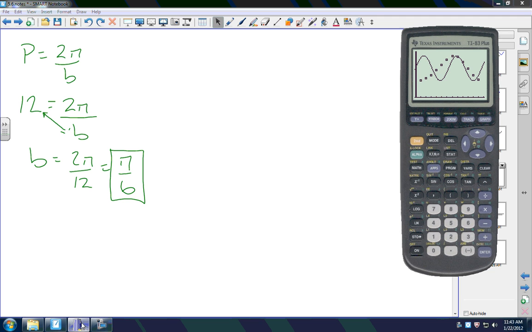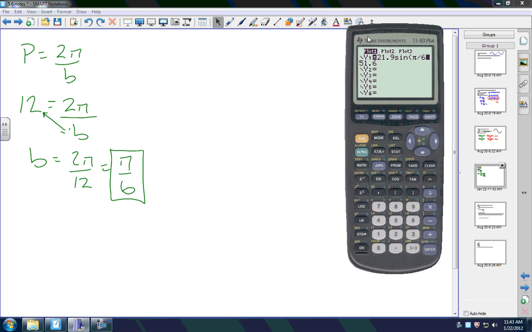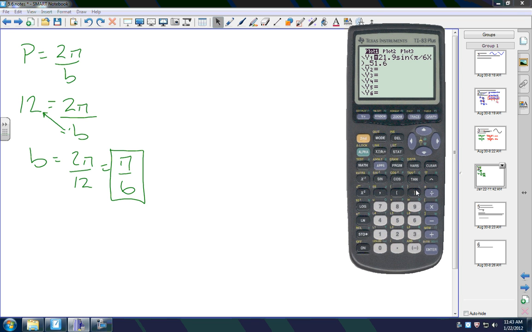So we go back to our calculator, make sure you're in radians. If you're not in radians, it's not going to look right. So we come in here and we insert a pi divided by 6 times x, close your parenthesis up, plus 51.6.